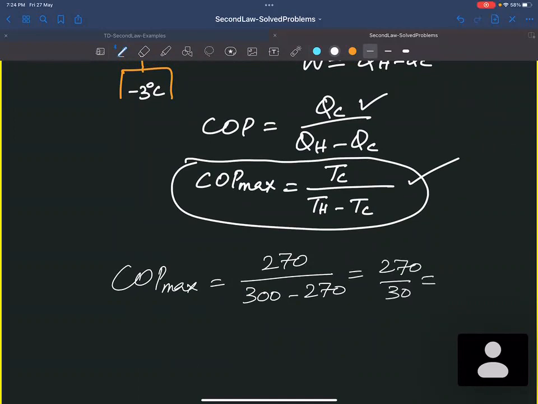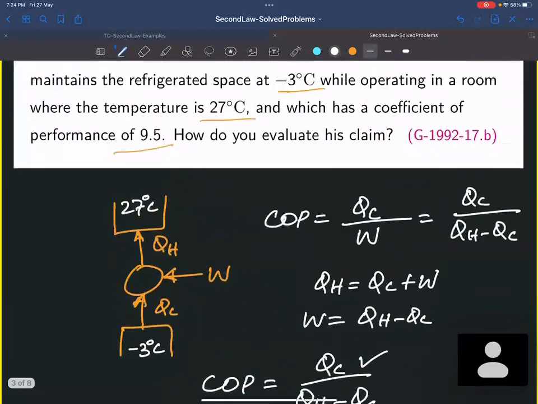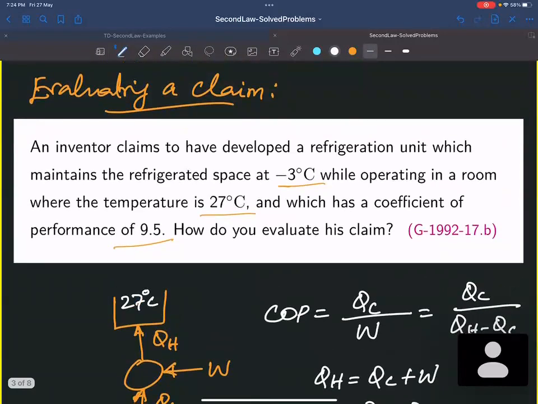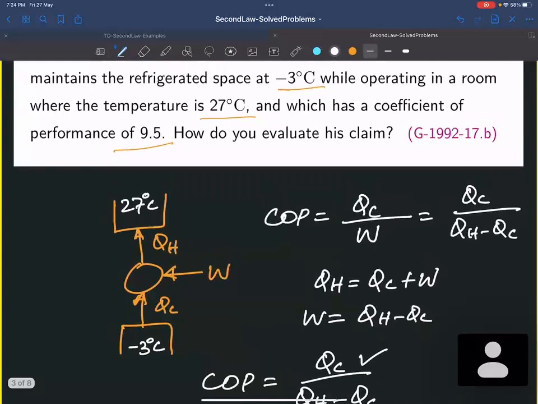So the COP is 9. A COP of 9 is the maximum possible, but the inventor is claiming a COP of 9.5 for his device. He is saying he has a refrigerator performing better than the ideal case. The ideal itself is only 9, whereas he is claiming 9.5. So definitely it's a false claim.